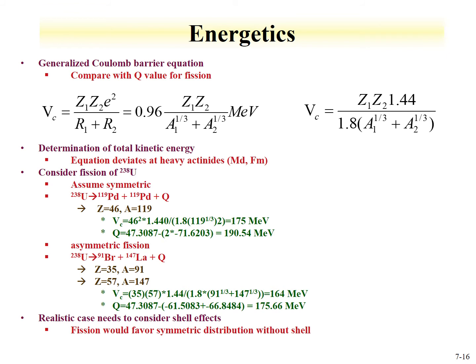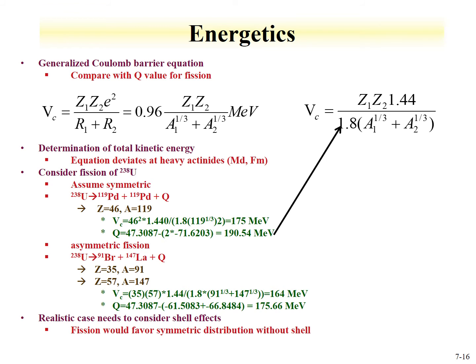For comparing Coulomb barrier and fission energies, we can use our generalized value for the Coulomb barrier. Here we have the two equations. We'll use this equation for the calculations, and all we're going to compare is the Q value for fission versus the Coulomb barrier from the calculated fission products.